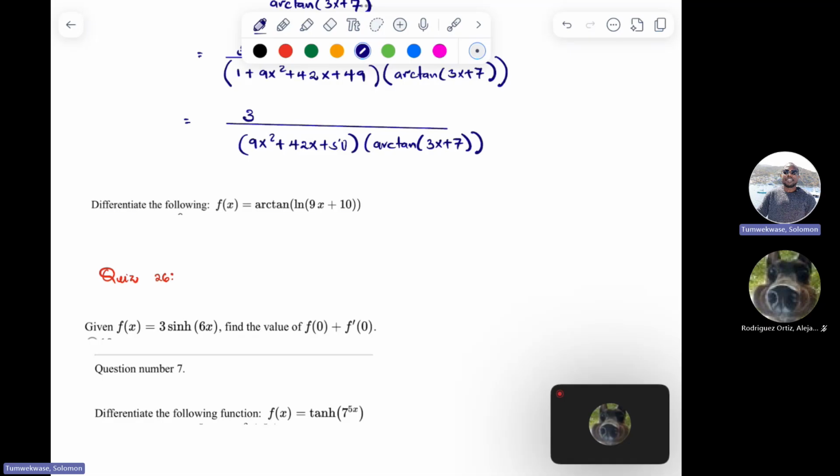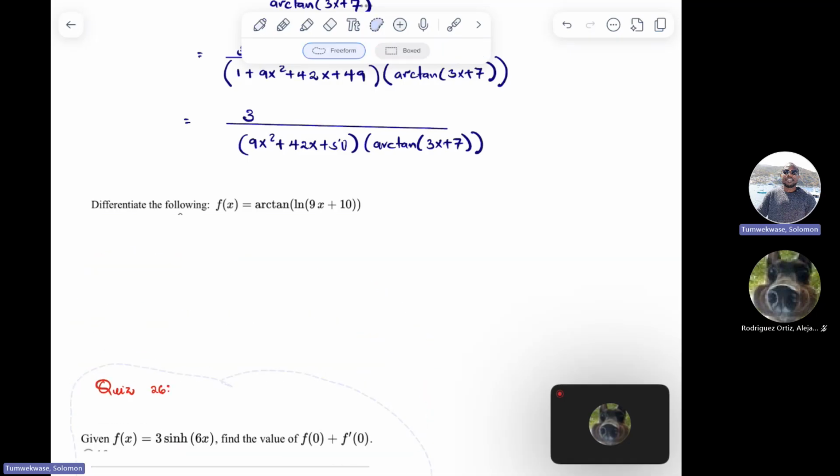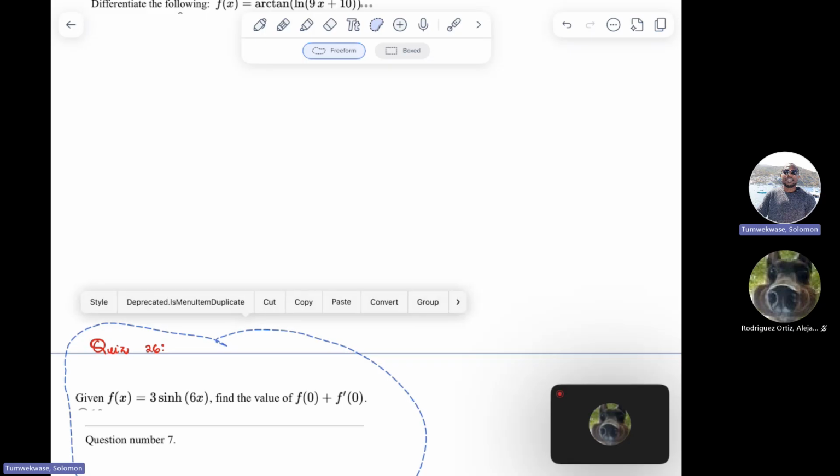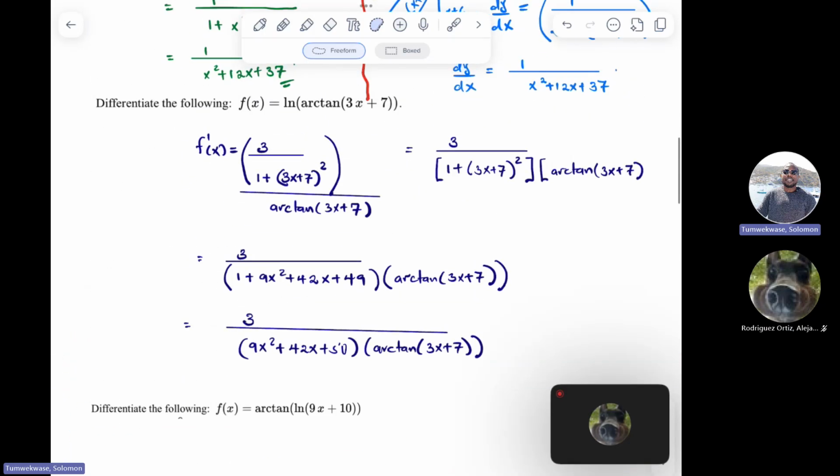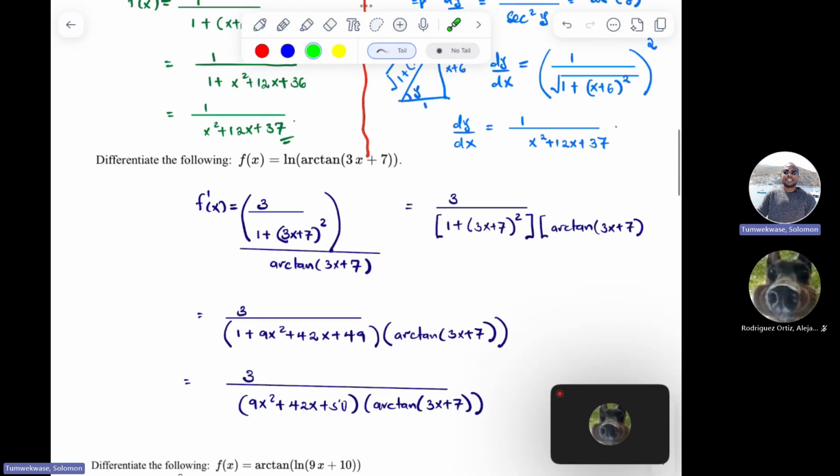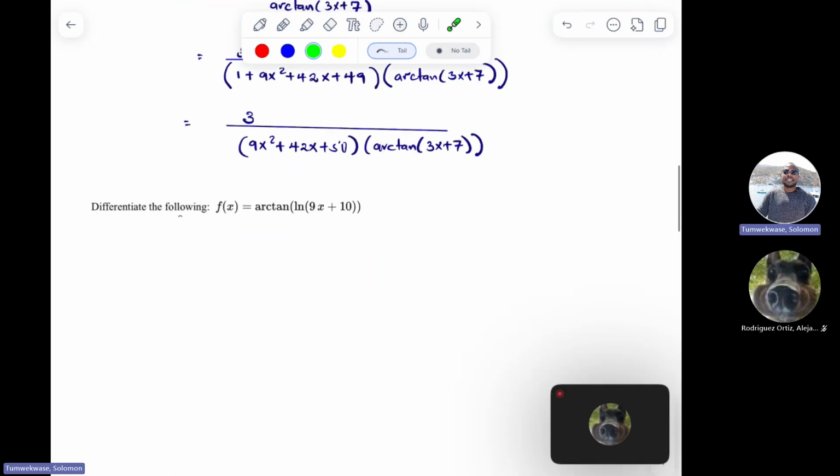So finally, according to the questions I chose, this was one example where the natural log is outside. So I first use the rule of natural logarithms for differentiation, which says that you take the derivative of whatever is inside, then divide by the same exact function.